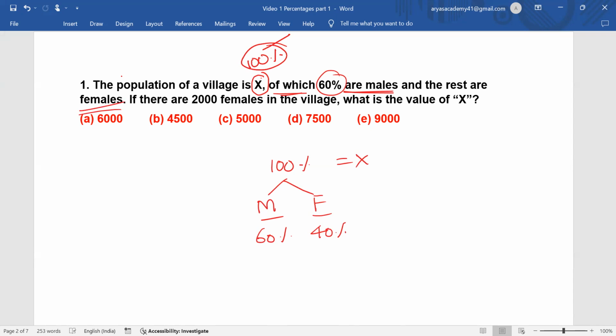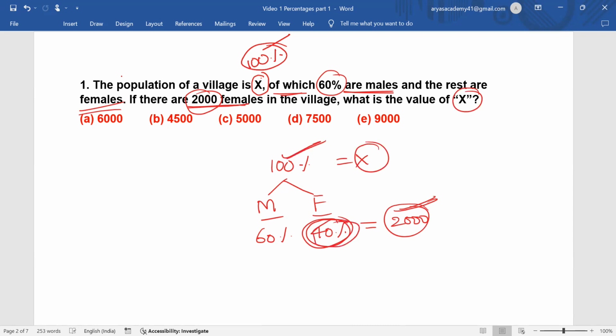Now, they have given you additional information. There are 2000 females. It is purely females. What is the percentage of females here? 40. They are indirectly communicating that 40% is equal to 2000. If 40% is 2000, then what are they asking? They are asking for the value of X, which means the population of the village, which is 100%.